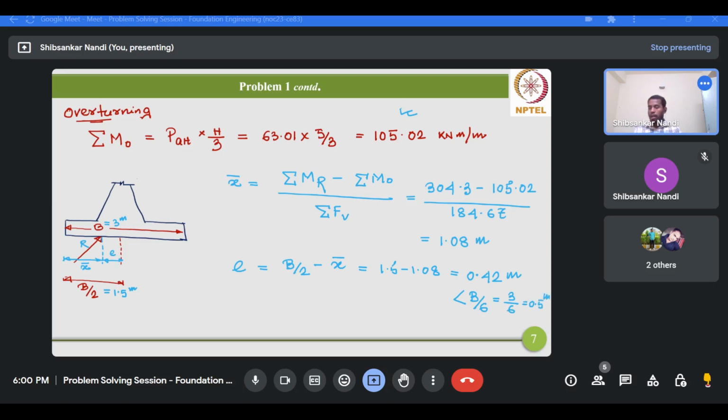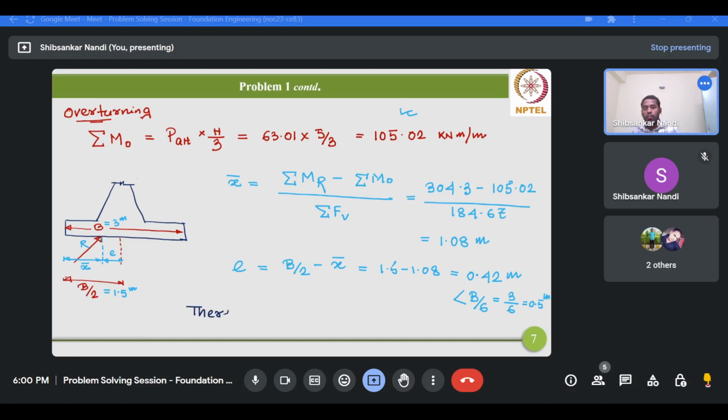This is the limiting value, or allowable value, for eccentricity. Okay, and we are having a value of 0.42 for the eccentricity of the resultant reaction. So that means it's okay. There is no tension at the base of the footing.